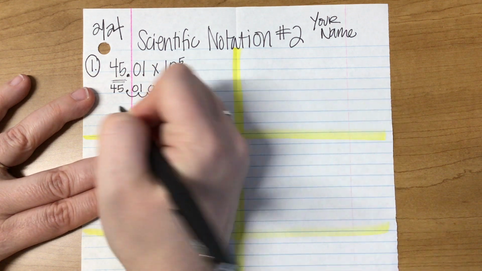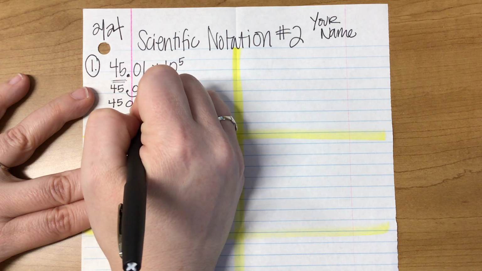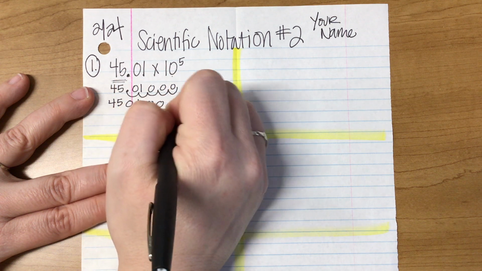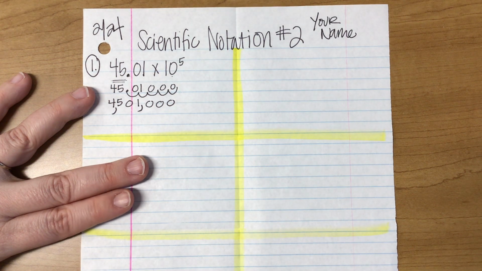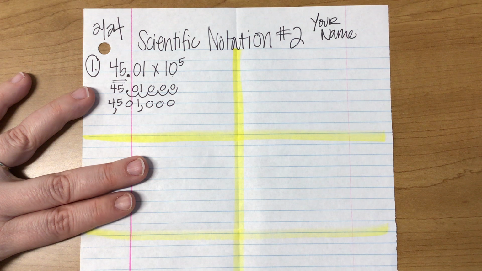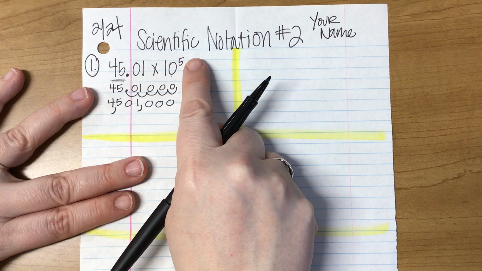My real number is 4,501,000. My real number, the number that I start with, is 4,501,000. It's a big number. But I'm going to fix it because this was not correct scientific notation.